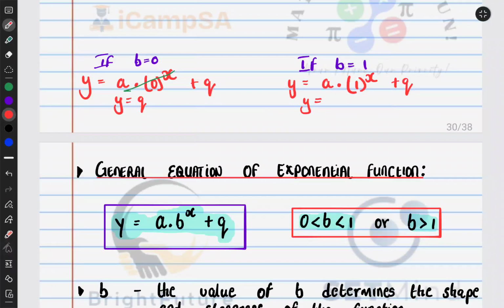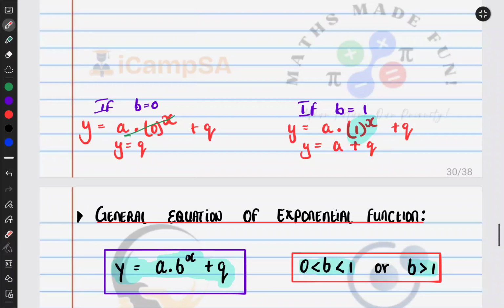This part of the function will always be equal to 1, no matter what number we raise 1 to. We can raise 1 to the exponent 1000, it will be equal to 1. So at that point, this is no longer an exponential function, but just the equation of a straight line, and you get y is equal to a plus q.